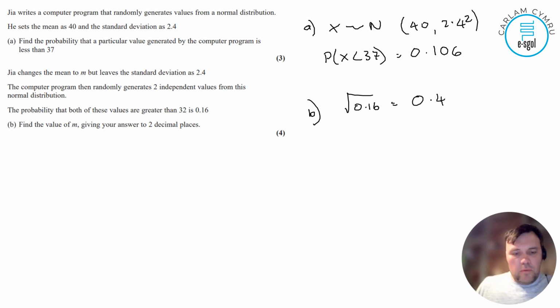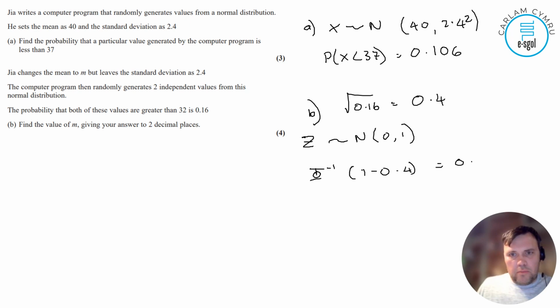And then we would use, because we're trying to work out the mean, m, we would use Z in this case, normal 0, 1. So we're back on our calculators. We're looking at the inverse of, because of the fact that it is greater than 32, so we're looking at 1 minus 0.4, which is 0.2533.